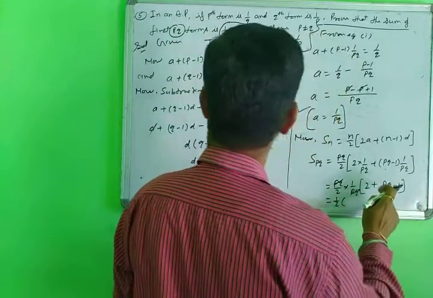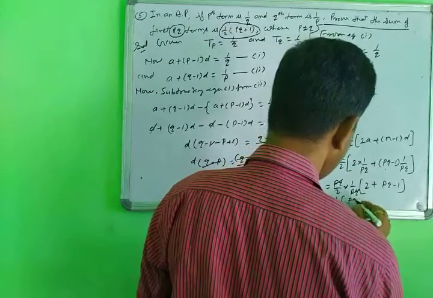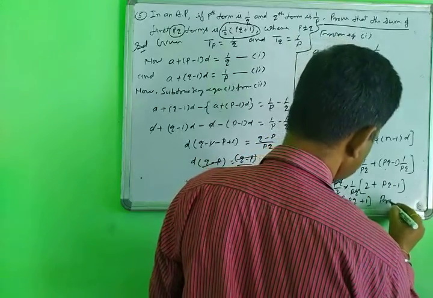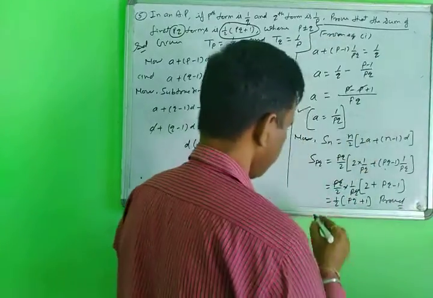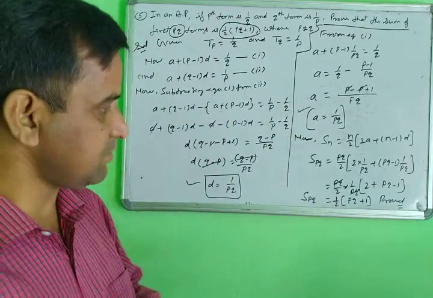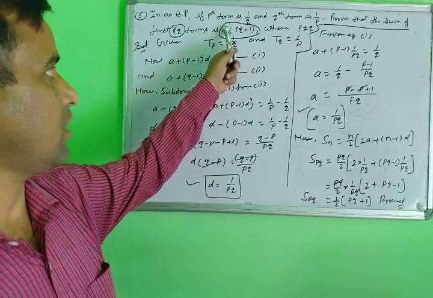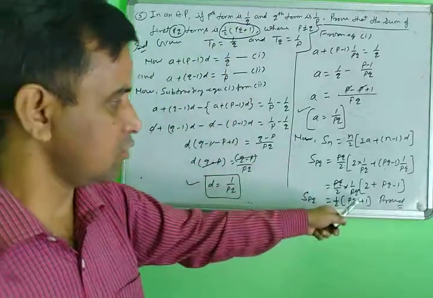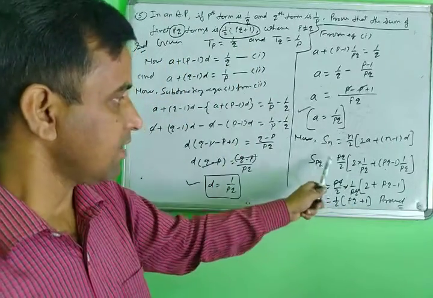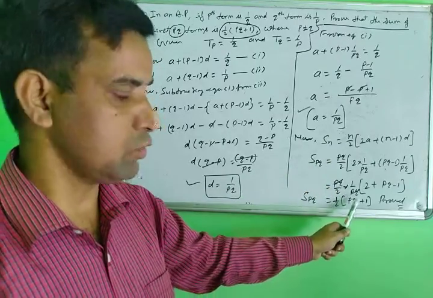And this pq you write first here. 2 minus 1 is plus 1. Hence proved. The value of Spq equals this, which becomes 1 by 2 (pq plus 1).